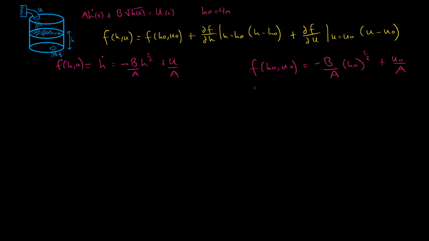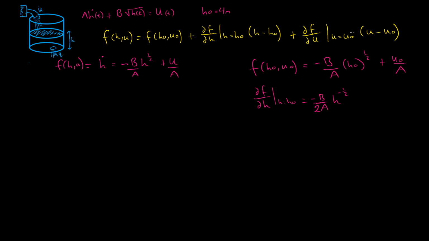So d/dh at h equals HO is going to be minus b on a times 1/2, so minus b on 2a times h to minus 1/2. And when we substitute this back in, we'll multiply it by this term here.